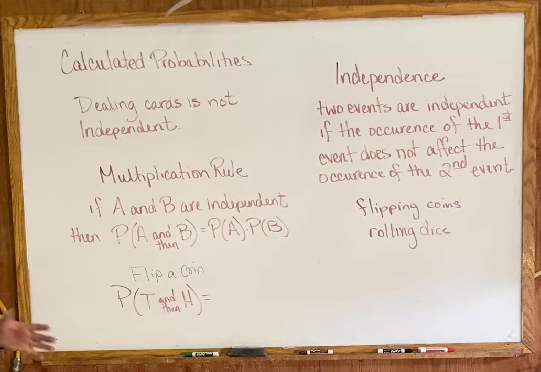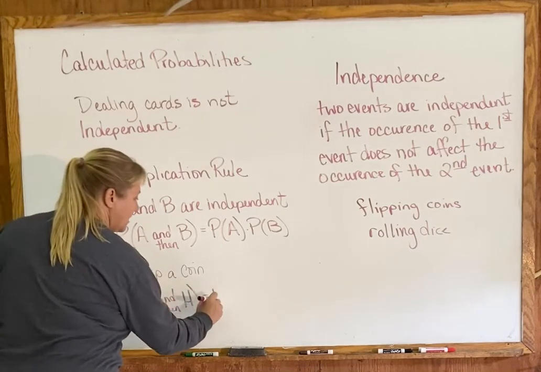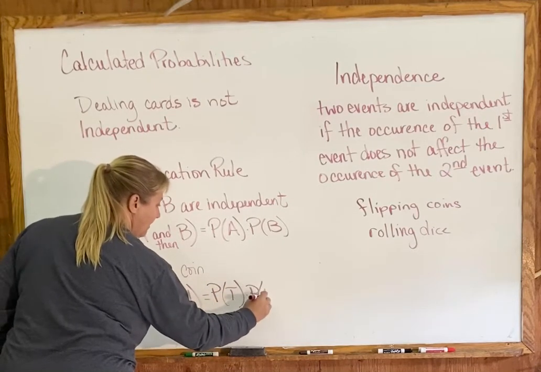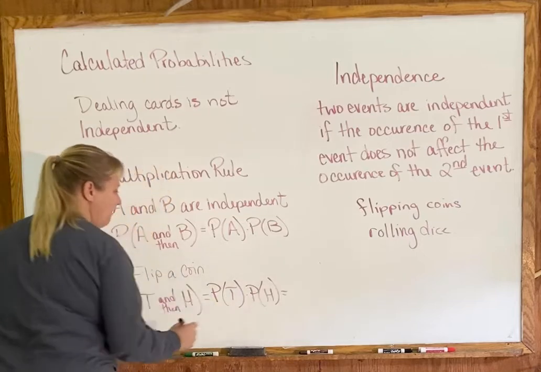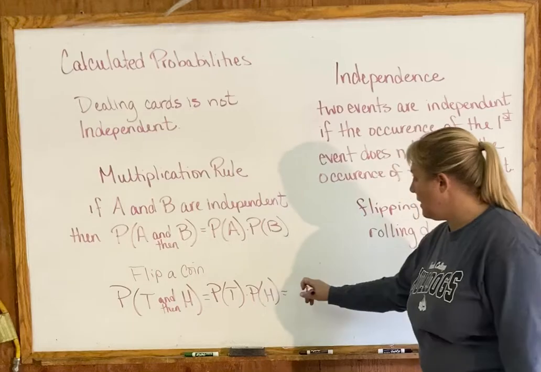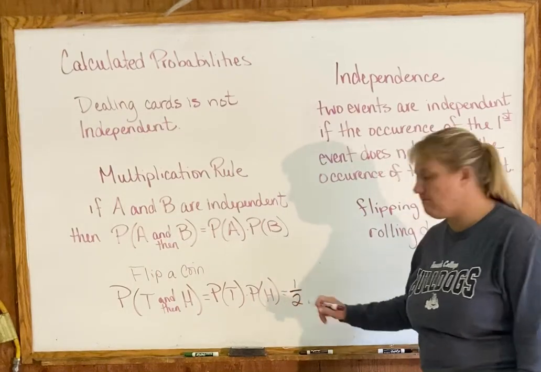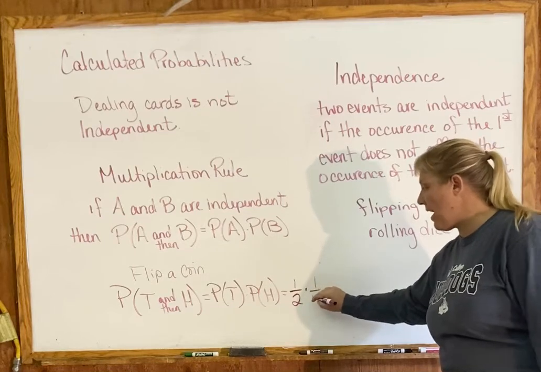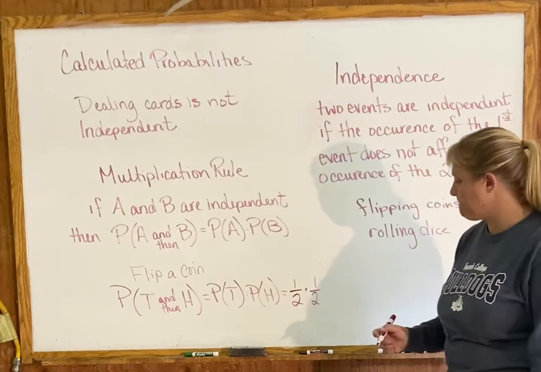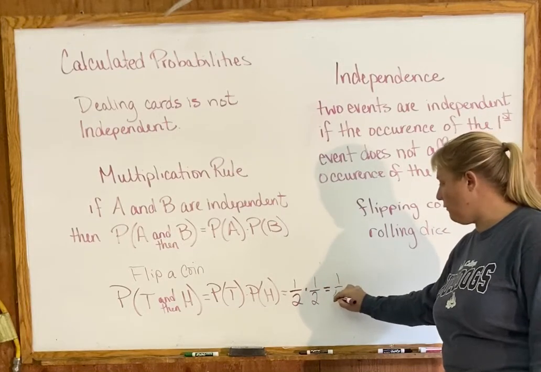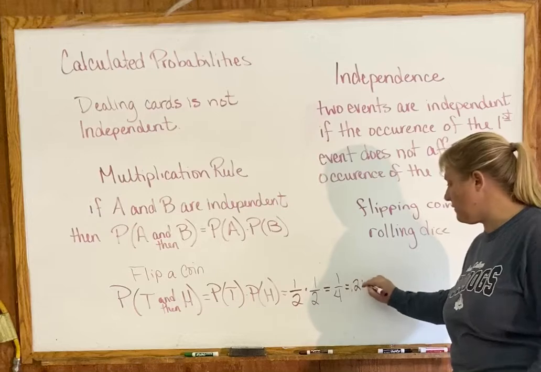Now again, that coin is fair and it's independent, which means that we can simply go the probability of tails times the probability of heads. Now it's a coin, so this is a little bit on the boring side, but basically there is a 1/2 probability of getting the tails, and then multiply a 1/2 probability of getting the heads, right? So if we multiply this together, we get 1/4 or 0.25.